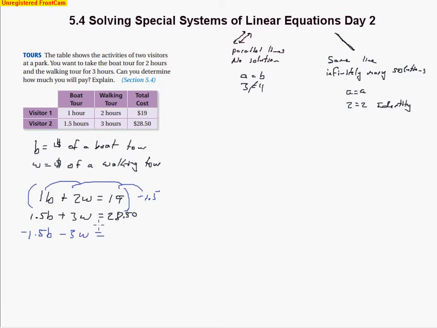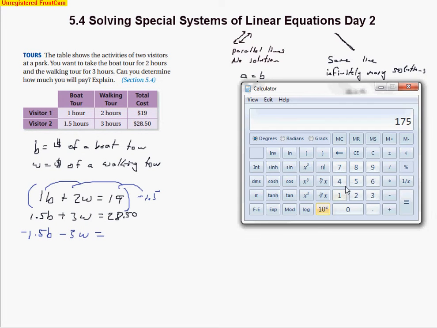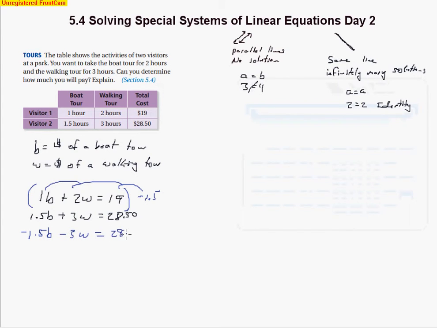And if I multiply 19 by 1.5, I end up with 28.5, so negative 28.5. Notice how when I add these together, I'm canceling out the B's, canceling out the W's, so I'm left with 0. Over here, 28.5 and negative 28.5 cancel out too, and that makes 0.